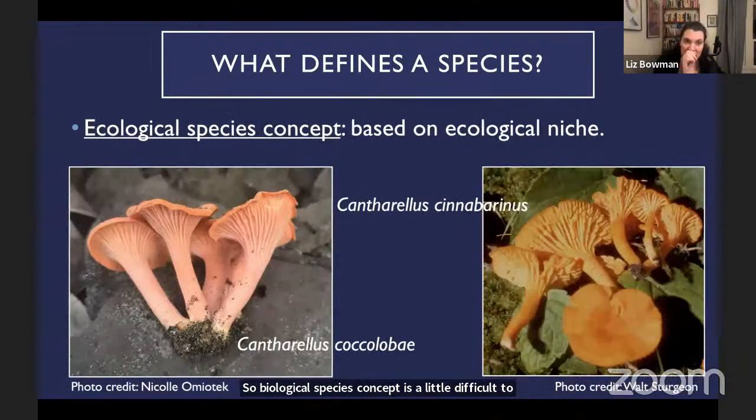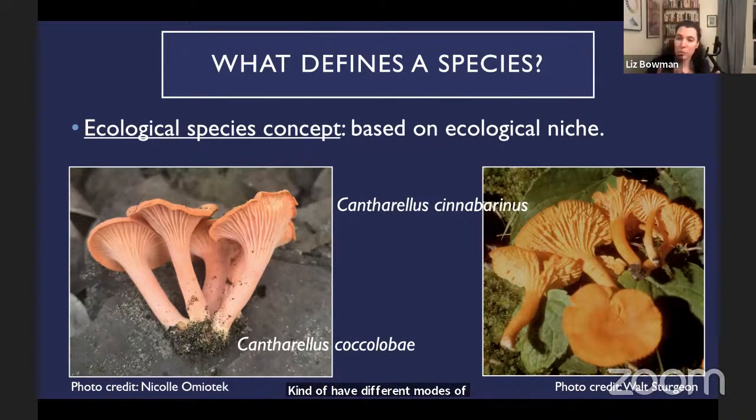Another option is the ecological species concept, which is based on ecological niche. This is the idea that if things have different modes of living, then they won't really interbreed, and their DNA will gradually separate over time. Here we have two species of chanterelles that look fairly similar.